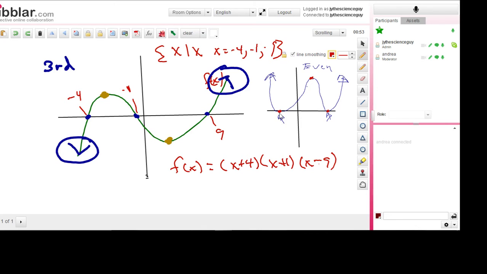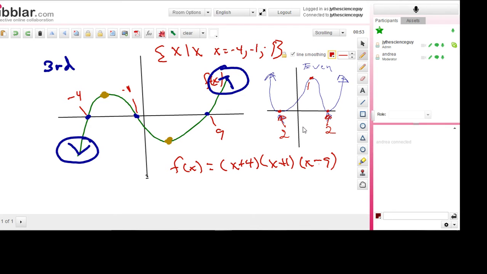But because where these blue arrows are, because that touches the axis, you have to put a 2 there and you have to put a 2 there. So the number of turning points is 3, but the degree is going to be 6. Because what's 2 plus 2 plus 1?